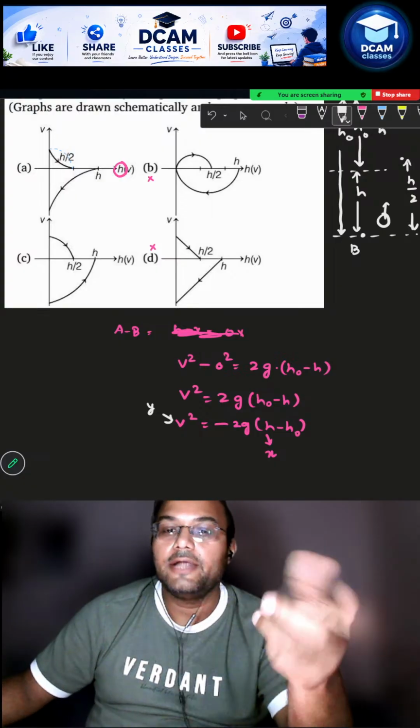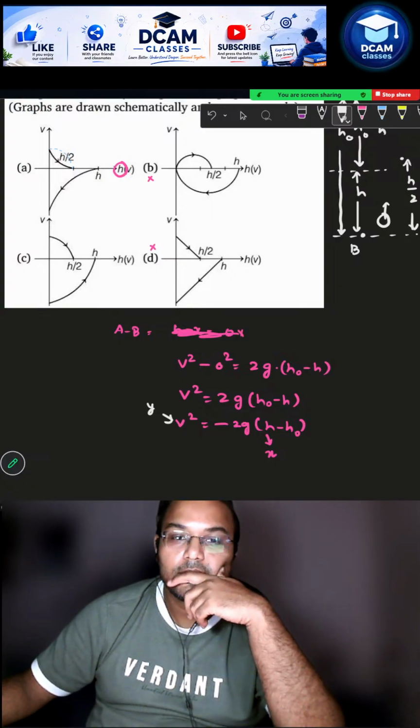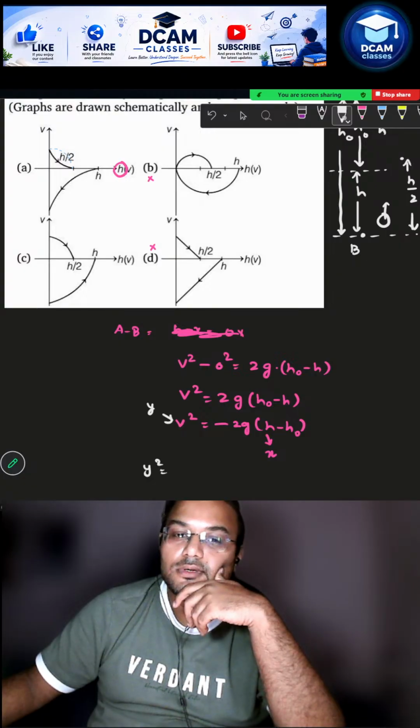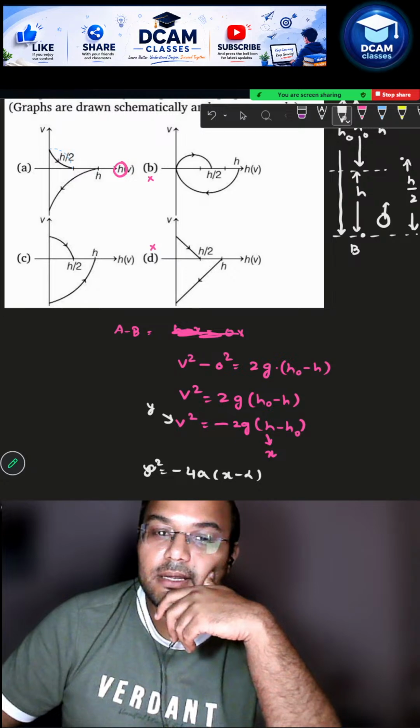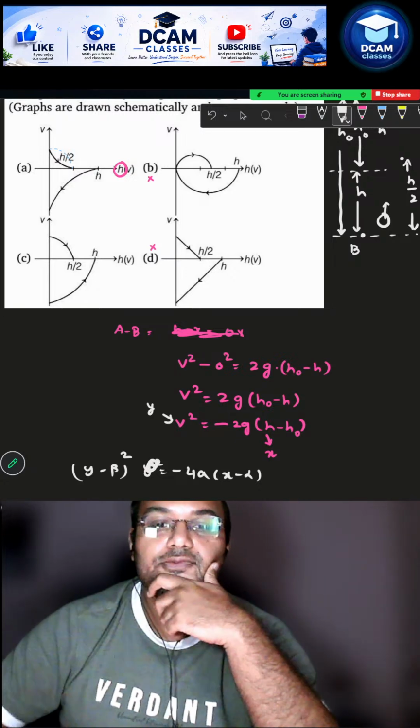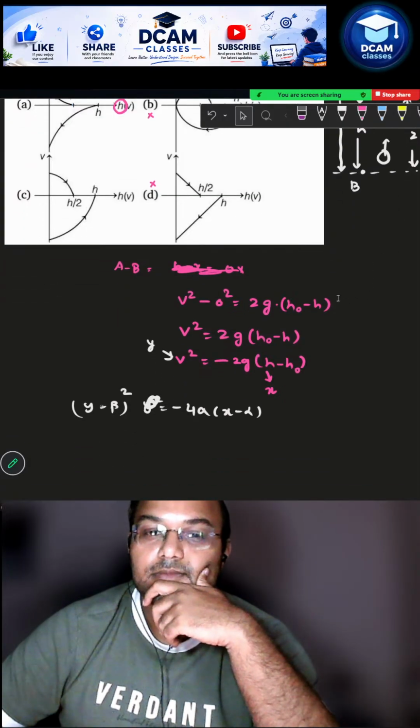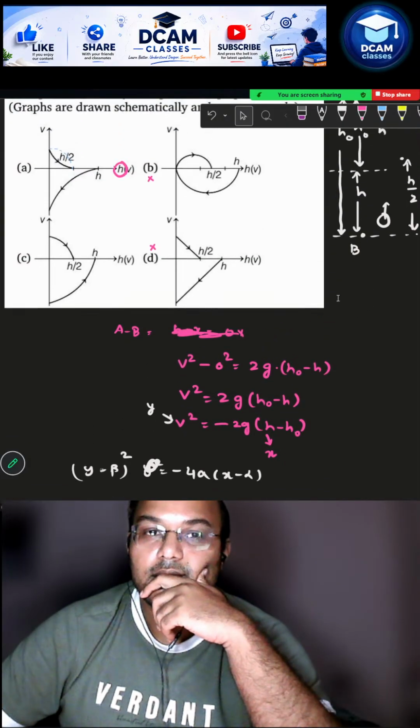So what kind of parabola is it? y square is equal to minus 4a into x minus alpha, or y minus beta whole square is equal to minus 4a into x minus alpha, right?